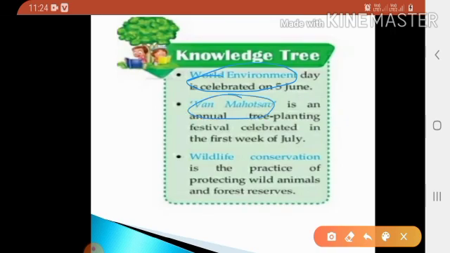Vana Mahotsav is an annual tree planting festival celebrated in the first week of July. Then third one, wildlife conservation. Children, here conservation means protect. It is the practice of protecting wild animals and forest reserves.